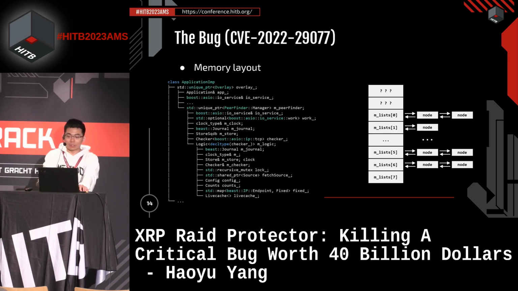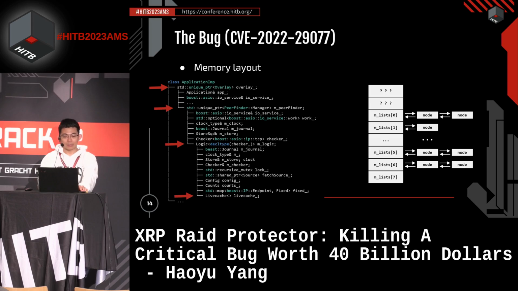When we get an OOB write vulnerability, we always need to know how the buffer is allocated. And here are all the reference relationships of lab cache. Just from the bottom, we can observe that lab cache is a member of mlogic, and mlogic is a member of peer finder, which is a member of overlay, and the overlay is a member of application implement.